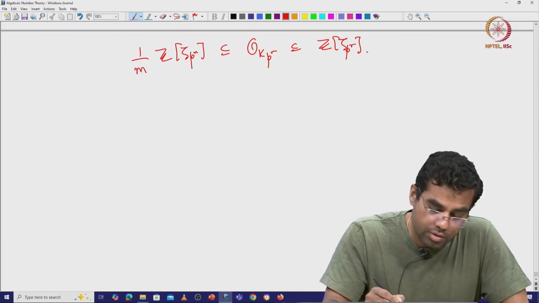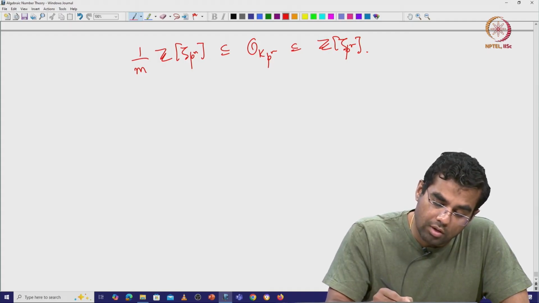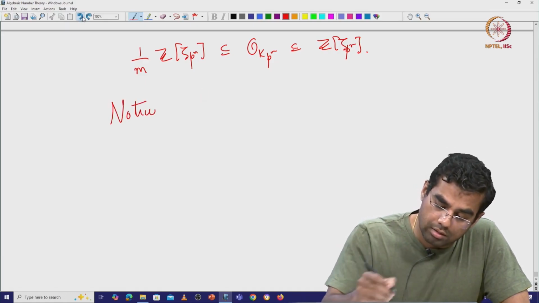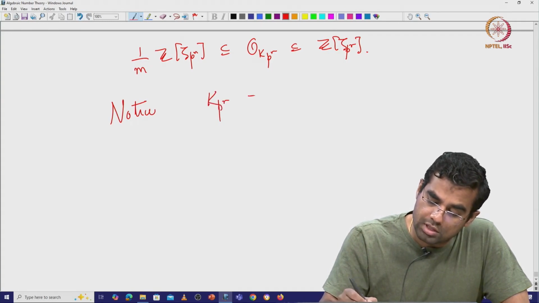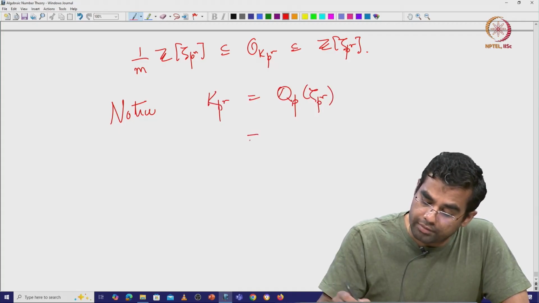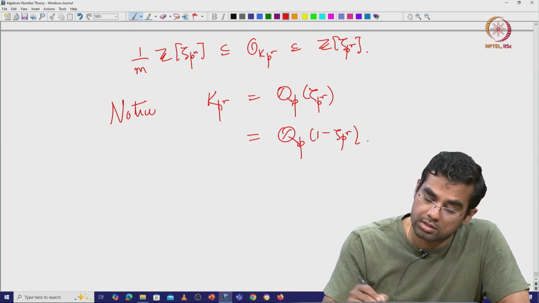So what we can do is, now remember, notice that K_{p^r}. This is another trick that you learn here. Instead of looking at this, you can look at 1 minus ζ_{p^r}. It is the same thing.